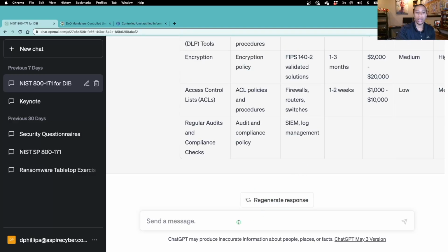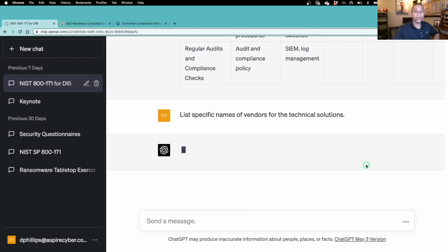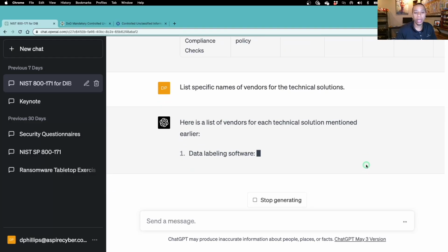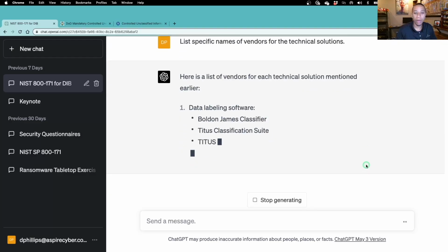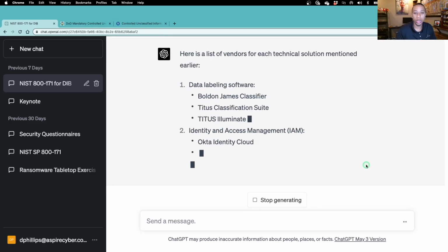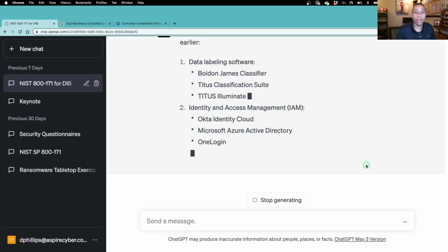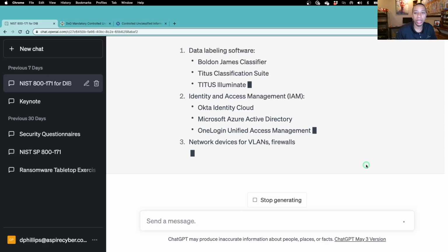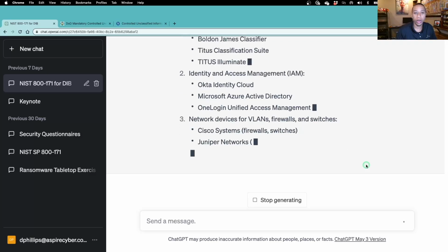So let's stop that. So following up by probing ChatGPT to list specific names of vendors for the technical solutions. This would be a good resource for you if you have no idea where to start in terms of what solutions are out there. By providing this prompt to ChatGPT and getting the list, really good starting point.